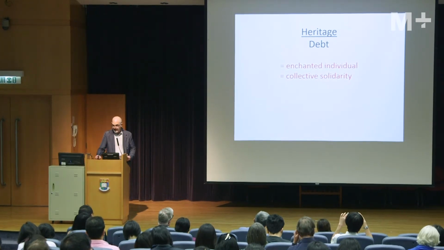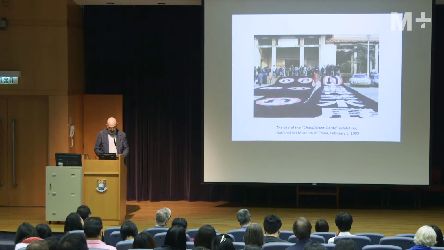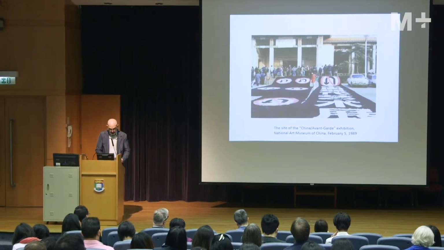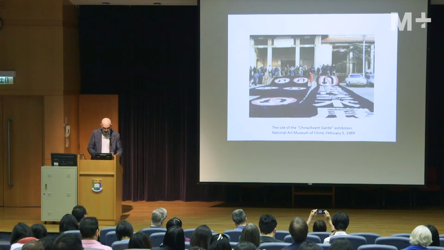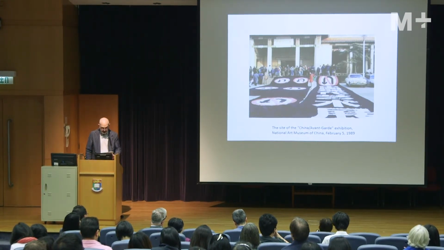The third example I want to show comes from the China/Avant-Garde exhibition in Beijing, which was a kind of culmination, as I mentioned already, of the New Wave generation of 1985.